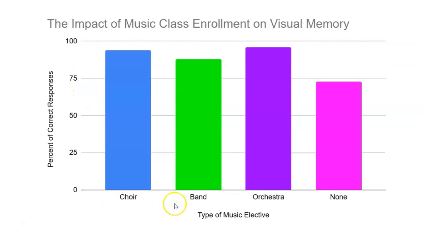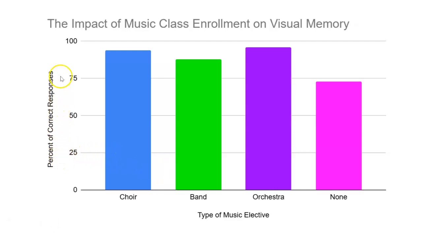Okay? Here's what this might look like with a bar graph. Now notice there are only categories along the bottom, so the interval doesn't really apply, but they have a label, no unit needed because these are categories, what kind of music elective people have.